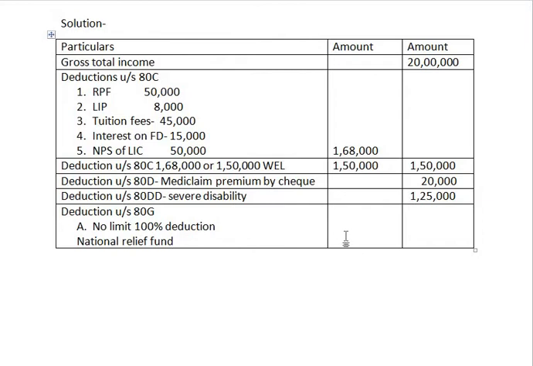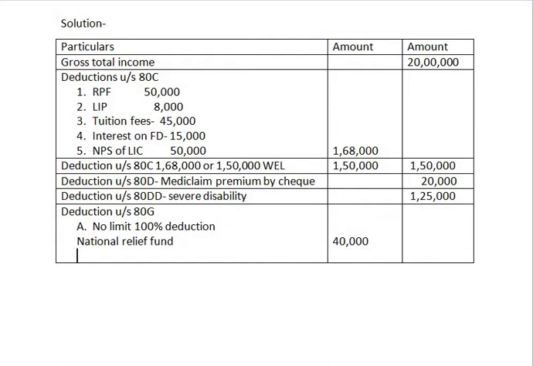Whatever the amount, we have to take 100% of it. In the National Relief Fund, rupees 40,000 is contributed. The only point given under no limit, 100% donation is the Prime Minister's National Relief Fund.